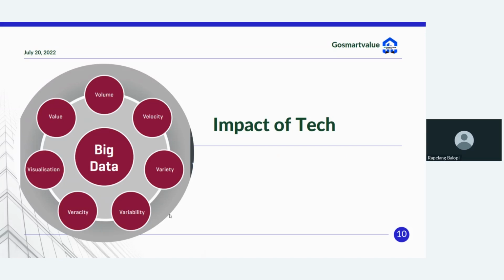When we talk about the impact of technology, we have what is referred to as the 7 V's of big data, because that is what essentially we are using in terms of automated property valuations. The first one being velocity, which speaks to the speed at which data is created, processed, stored and analyzed.